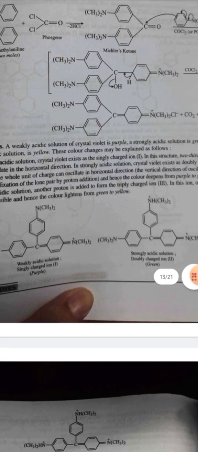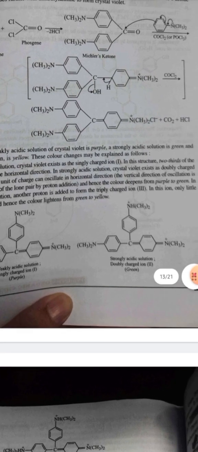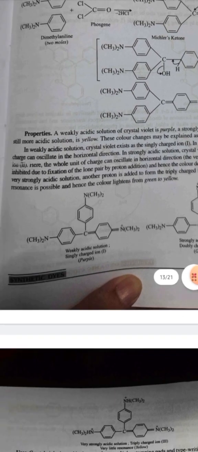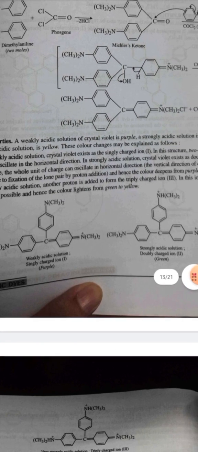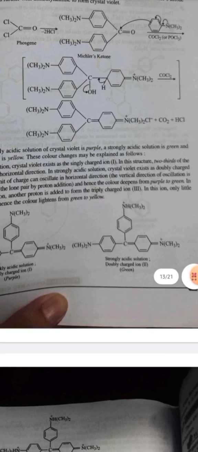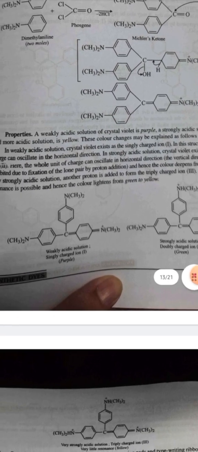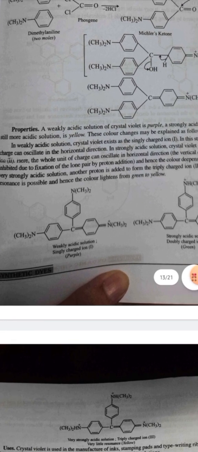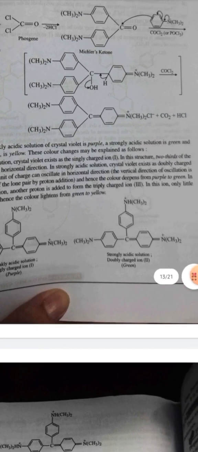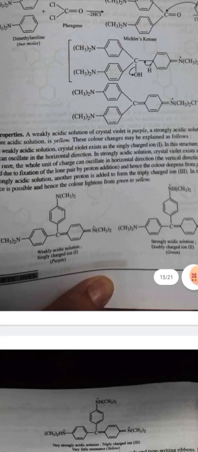In strongly acidic medium, the crystal violet exists as a doubly charged ion. Here, the whole unit of charge can oscillate in the horizontal direction. The vertical direction of oscillation is inhibited due to fixation of a lone pair by a proton addition, and hence the color deepens from purple to green.